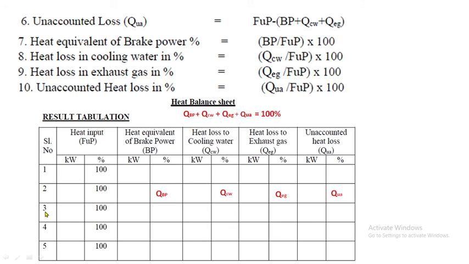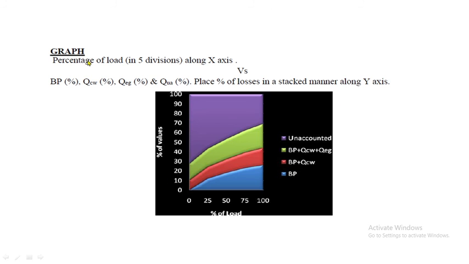Now I have to draw the heat balance sheet. Now you can check the percentage of load in 5 divisions. On the x-axis, this is the percentage of load, maybe 0, 5, 10, 15, 20, 25, like that you can divide. Here we have 0, 25, 50, 75, 100, because that is how we split our maximum load as 25%, 50%, 75 and 100%.